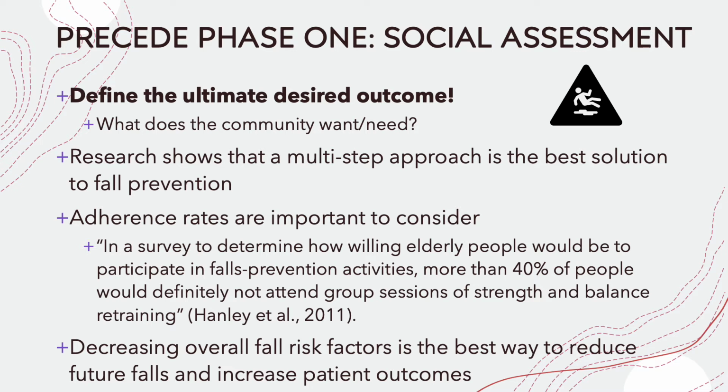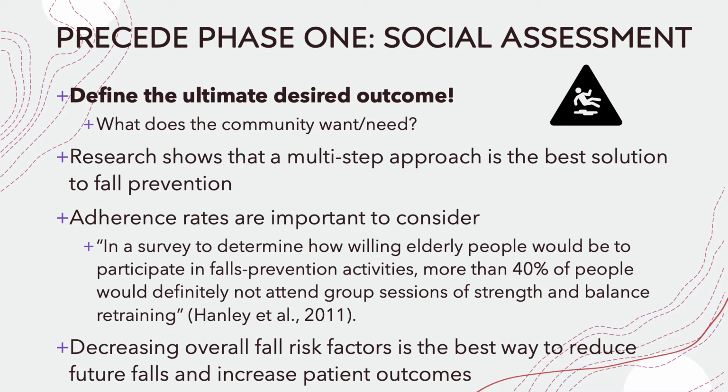Going on with this, adherence rates are super important to consider because it is directly involved with the community. In a survey to determine how willing elderly people would be to participate in fall prevention activities, more than 40% of people would definitely not attend group sessions of strength and balance retraining. So looking at this data, we have to ask ourselves why.